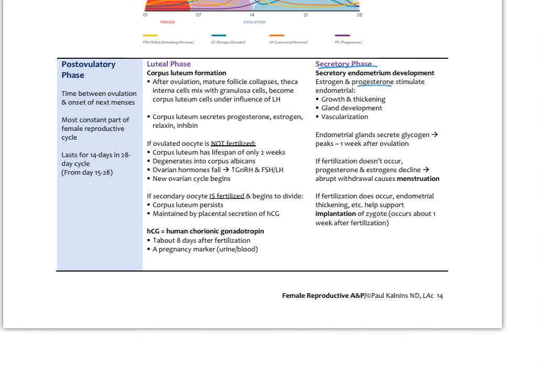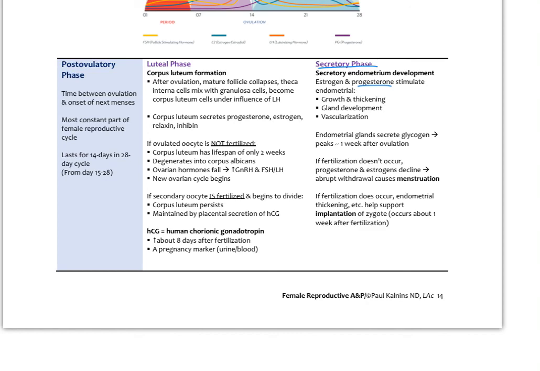At the same time, in the ovary, the corpus luteum is forming. So after ovulation, the mature follicle collapses. The theca interna cells are going to mix with the granulosa cells, and they become corpus luteum cells under the influence of LH. So LH helps that transition. The corpus luteum then will secrete progesterone, a little bit of estrogen, relaxin, and inhibin.